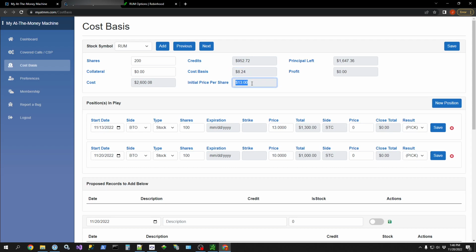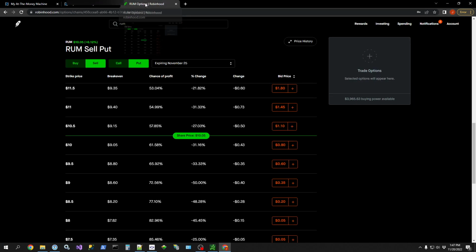So pretty much anything that would pull the 13 down would be good. If I sold a put at 10, it would pull the average down to like 11 or 12 something. Anytime you can lower your cost basis without the premium is a really good thing, because then it doesn't have to go up that much higher to make a profit.